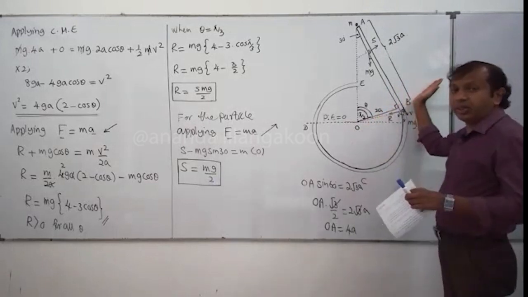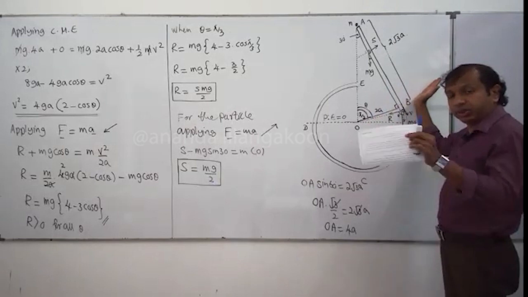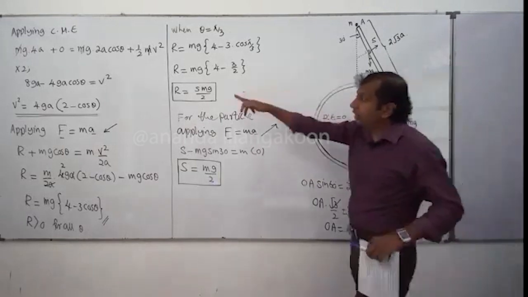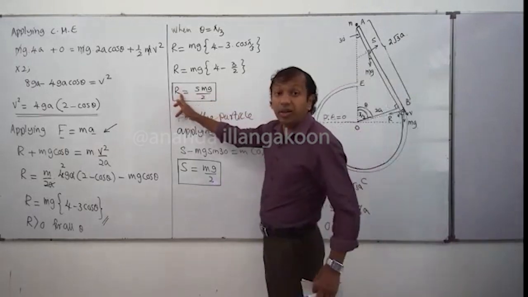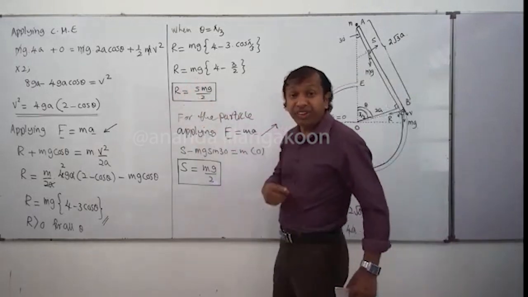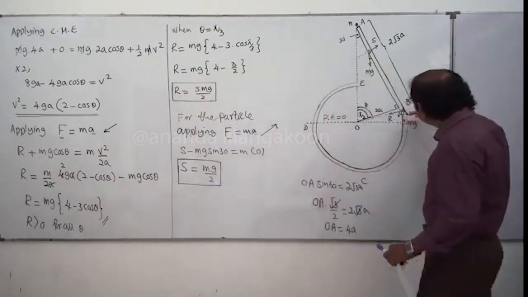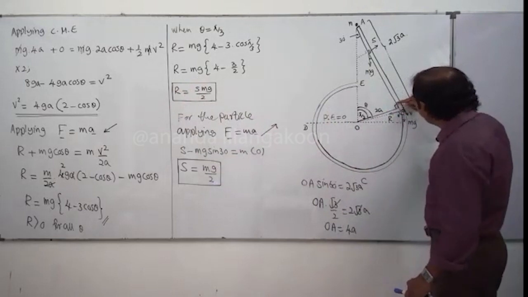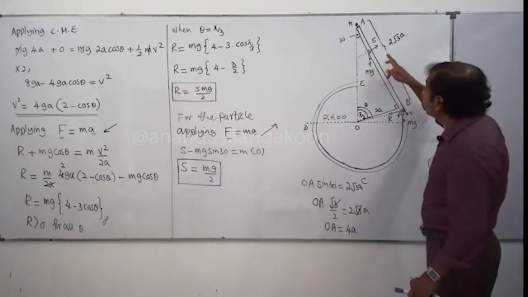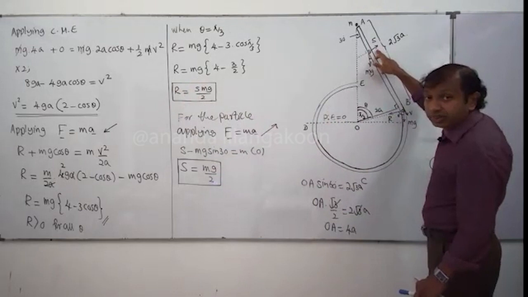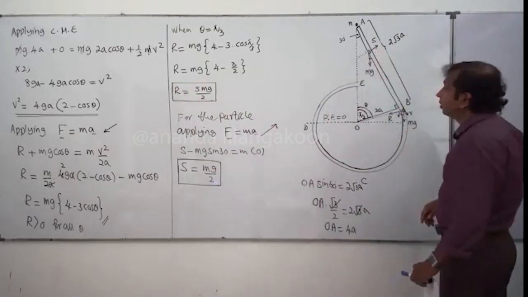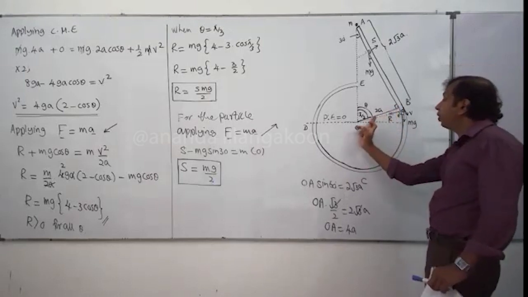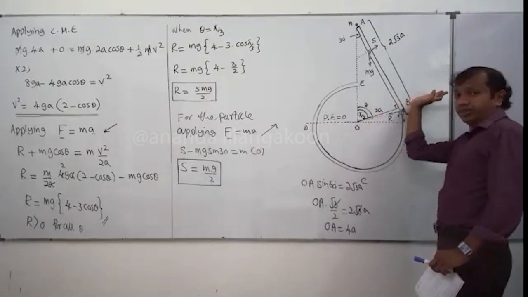Once the particle enters into the circular part of the tube, what is the reaction? R, 5mg by 2. What is its direction? Its direction is towards the center. Then we can see just before the point B, the reaction was S of size mg by 2, acting in the direction OB, outward.